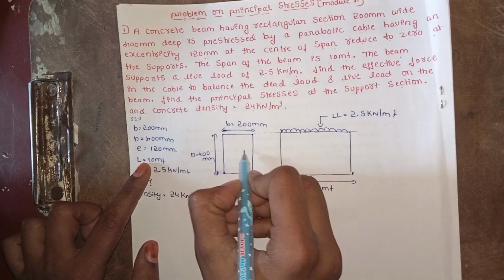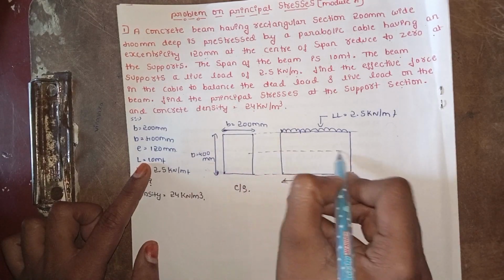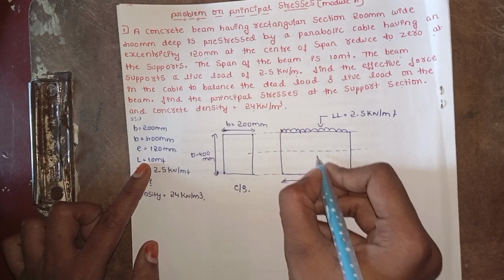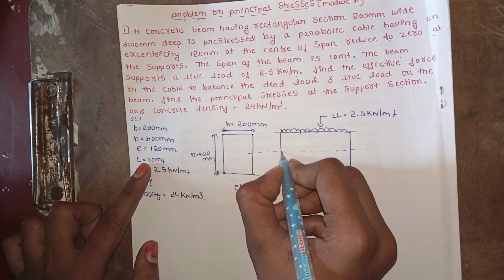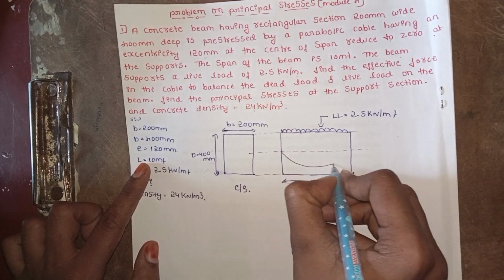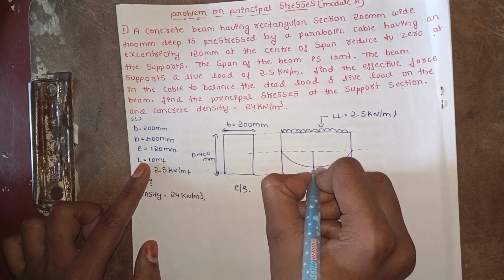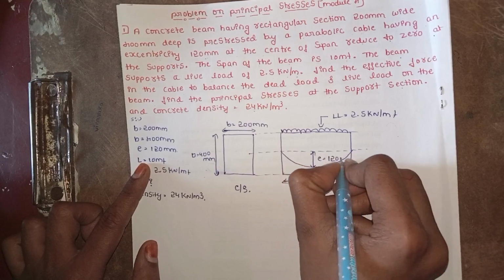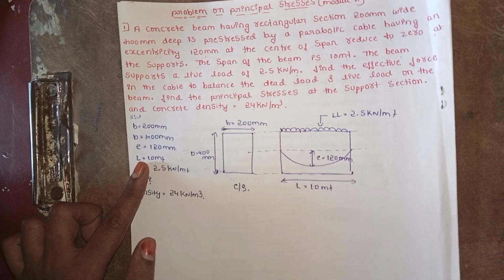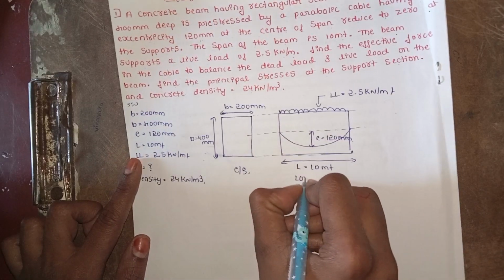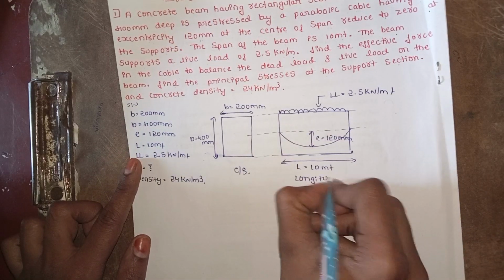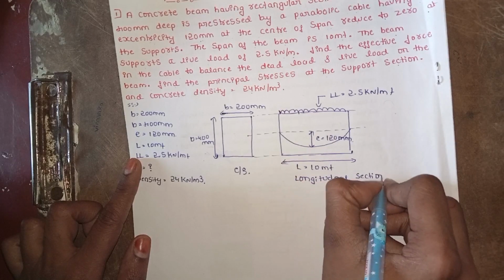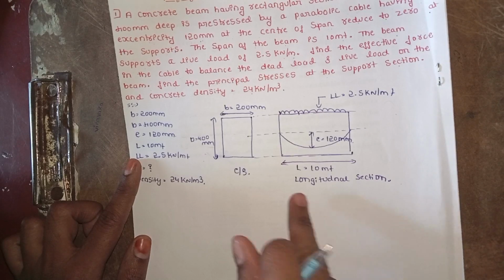Okay, means eccentricity is located at the midpoint of the beam at the bottom position. Okay, so eccentricity is located here. So E equal to 120 mm. Okay, this is the longitudinal section. Okay, this is the figure.